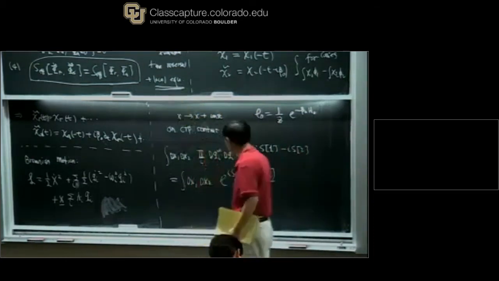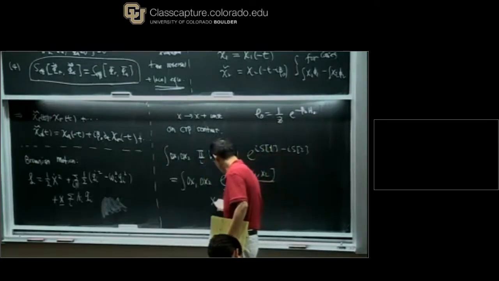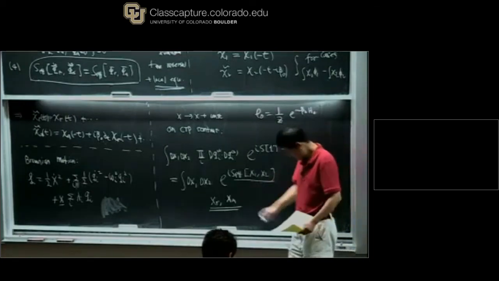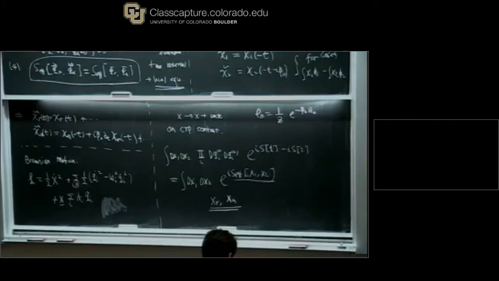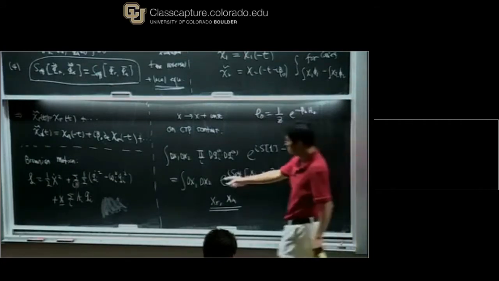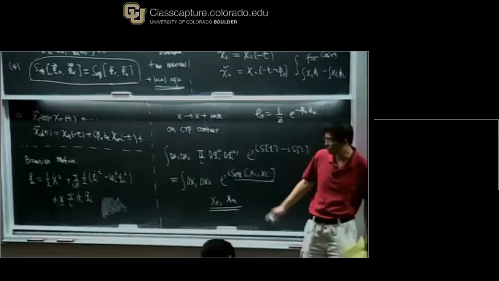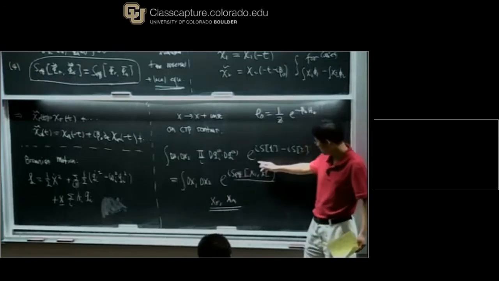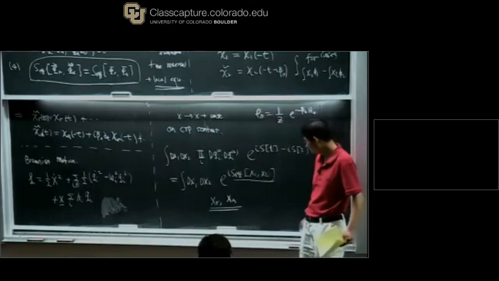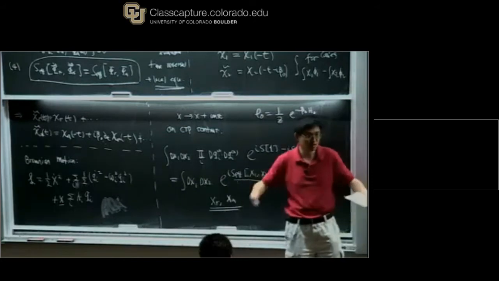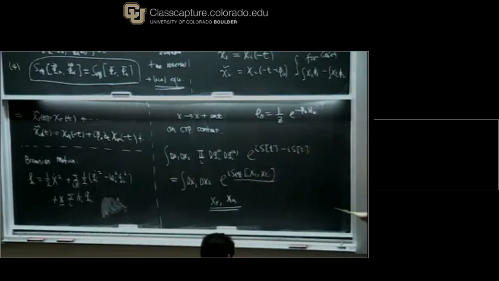We will again use the variables XR and XA, the symmetric and antisymmetric combinations of X, and write this action in terms of them. Because everything is quadratic, the effective action will also be quadratic. You can do this exactly, but here we are trying to write it down using a derivative expansion, supposing everything varies slowly. So this S effective will only contain quadratic terms, no higher order terms.